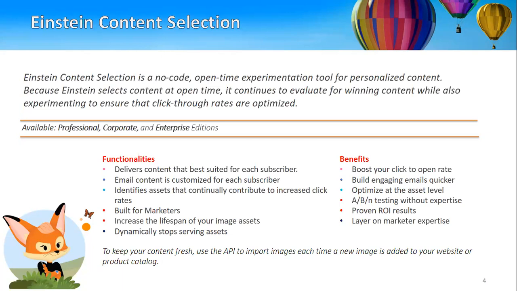It is because Einstein content selection is mainly dependent only on images and not any other type of content. You might have come across different types of content in Marketing Cloud, like text content, HTML content, but this works only for images. So that is why I'm repeatedly using images everywhere.